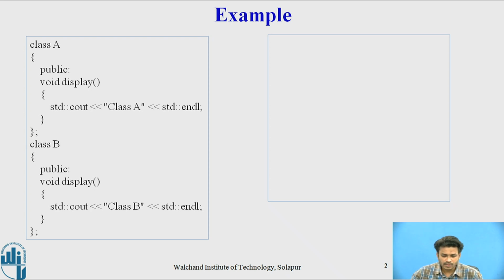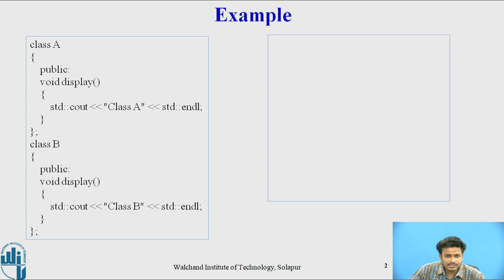See, now if we look at this code, this is class A and this is the specifier that publicly we are going to call this method. Means this display method is accessible outside the class, right? If any class inherits the properties of class A, then that class is going to access this display function.